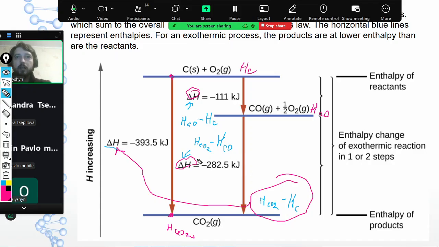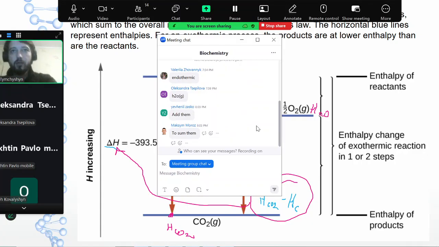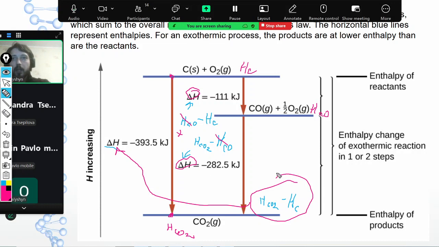How do I create it if I have this difference and this difference? Yes, to add them. Absolutely correct. I just need to add them. When I add these two quantities, my HCO goes away, and I get what I want.